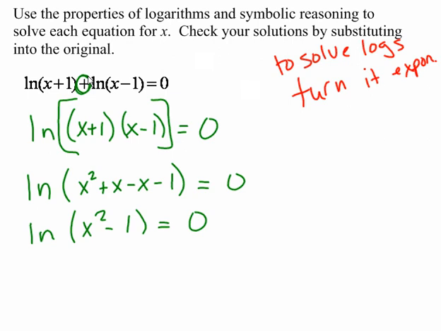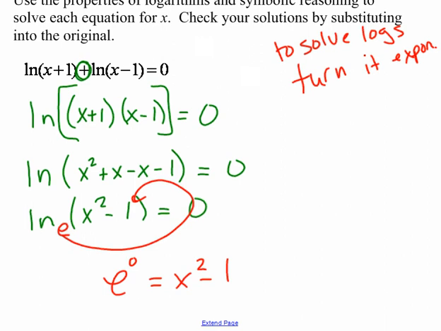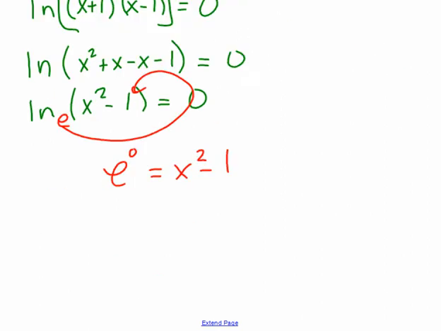So I need to see, okay, no base here, but I know since it's ln, my base is e, and then I just loop it. E to the 0 equals x squared minus 1. And I know e to the 0 is 1. And then I go ahead and add 1 to both sides, and I get 2 equals x squared.